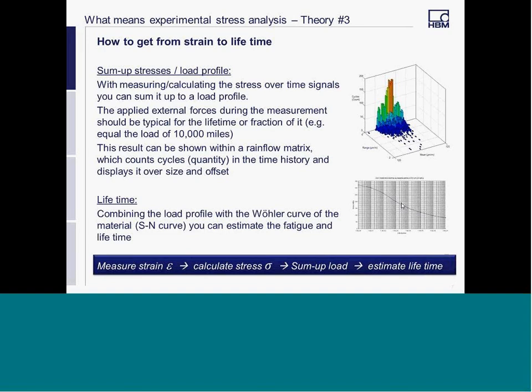Then it means we can go with the car 200,000 miles, and then it will break, of course with a probability. So we measure the strain, we calculate the stress, we sum it up in a rainflow matrix, and then together with a Wöhler curve we can estimate the lifetime. That's the flow of data, how it works.